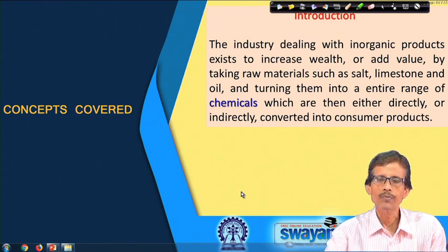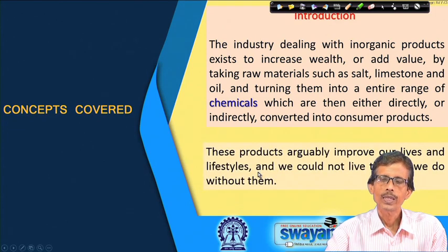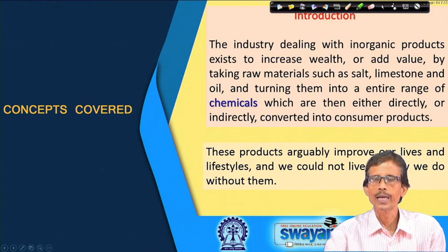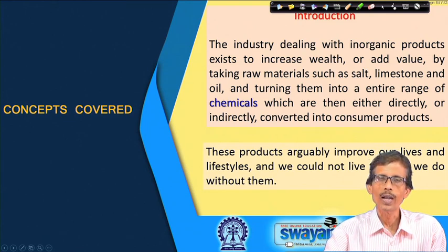So, what we will see therefore is that these products can arguably improve our lives and lifestyles, and without these we could not live the way we do. So, basically we can use all these materials which add value to the products which we use for our day to day purposes, and which can improve our lives and lifestyles.